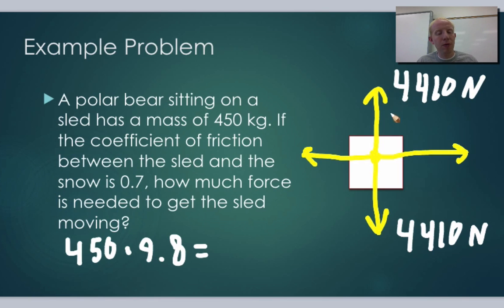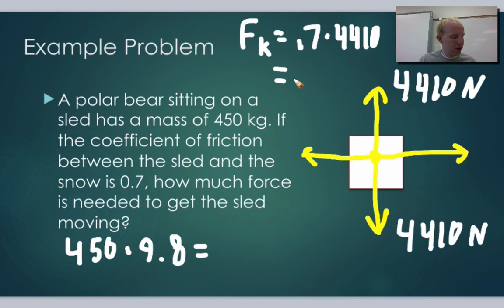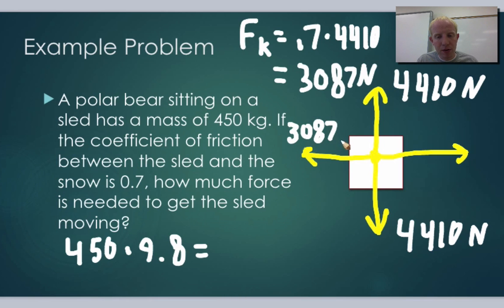Now that we have the normal force, we can find the friction force by multiplying it by 0.7. So the friction force is 0.7 times the normal force, 4,410, which gives us 3,087 newtons. All right, so there we go.